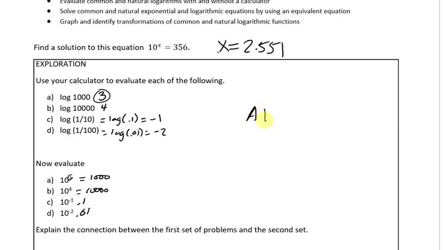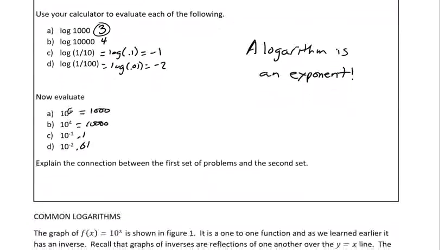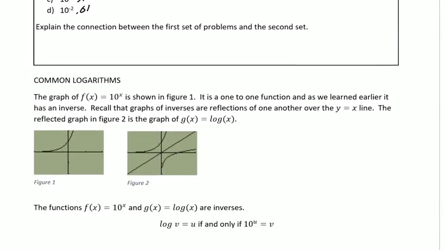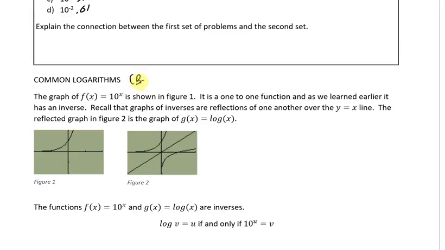A logarithm is an exponent. Very important thing to remember about logarithms. A logarithm is an exponent. Common logarithms are base 10. Here the graph of f of x equals 10 to the x power is shown in figure 1. You can see the graph of y equals 10 to the x power.